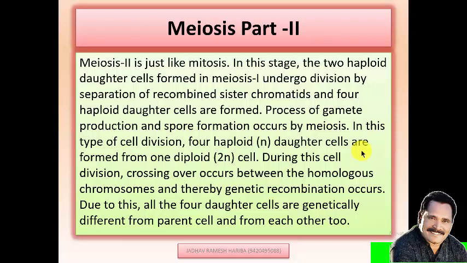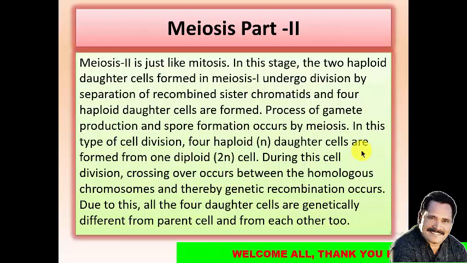The process of the formation of gametes and spore formation occurs by such type of cell division that we call meiosis cell division. In this type of cell division, 4 haploid cells or daughter cells are formed from a single diploid cell.